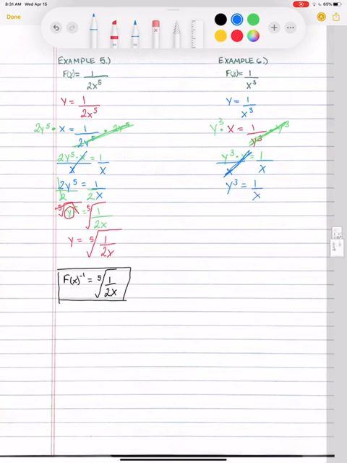Then I'm going to get rid of that exponent. And since y is raised to the 3rd power, or I'm cubing y, I'm going to take the cube root. So I have y equals the cube root of 1 over x. And then just trade y for inverse f of x.